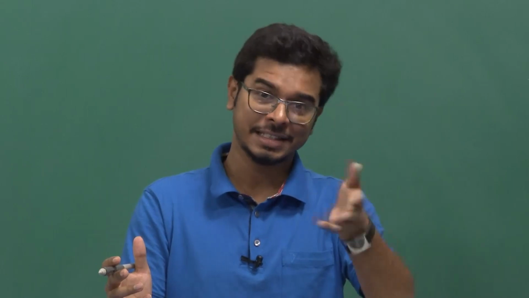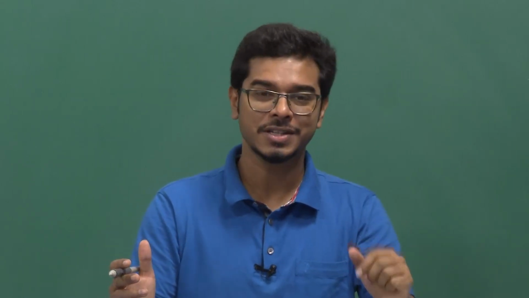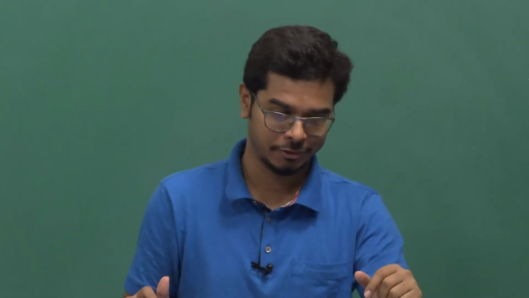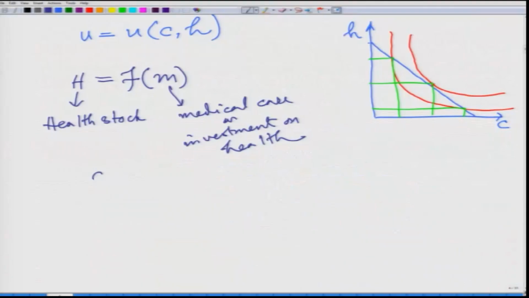So it has decreasing marginal returns. It comes down, it's a downward sloping curve. Therefore it's a decreasing return to scale, where scale is the investment in medical care or just investment.